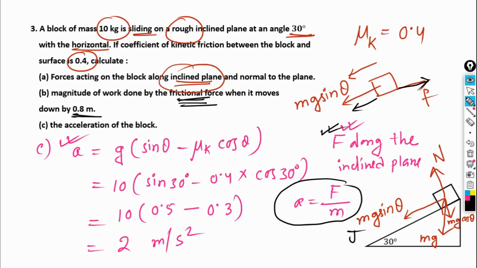Same value you will get. Either you use this formula or you use this one directly, because the force you have already calculated in part A. So these are the 3 questions from friction.